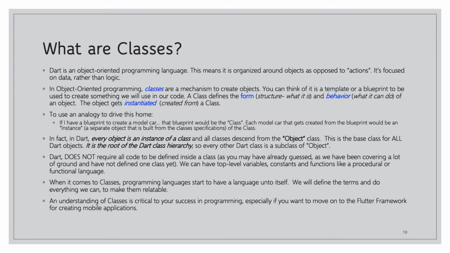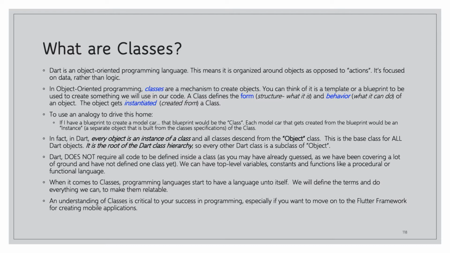Dart is an object-oriented programming language. This means it's organized around objects as opposed to actions. It's focused on data rather than logic. In object-oriented programming, classes are a mechanism to create objects.